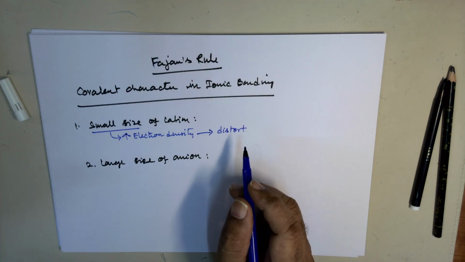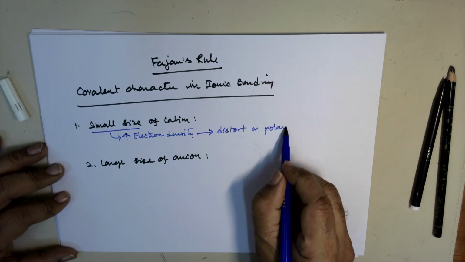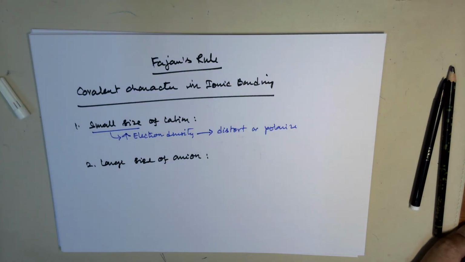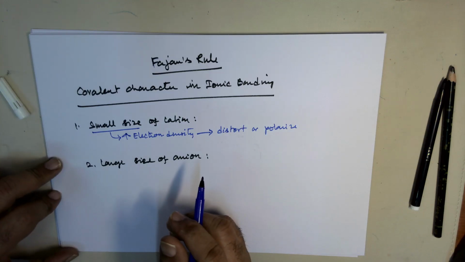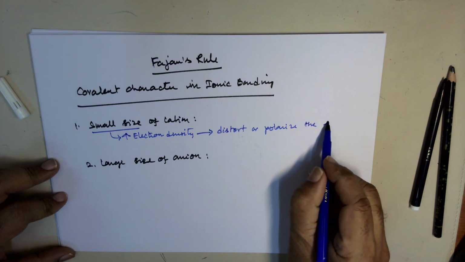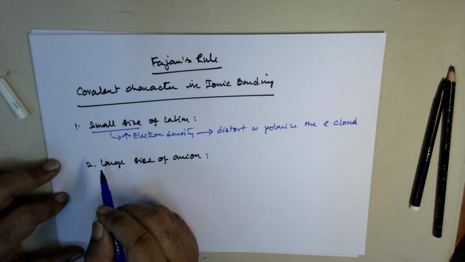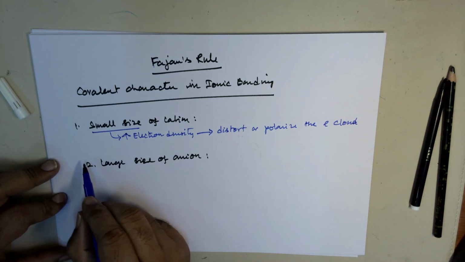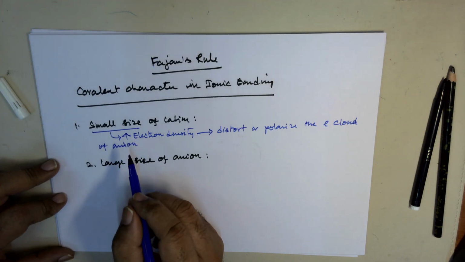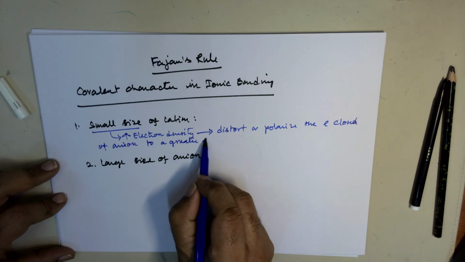Distort means disturb or polarize the electron cloud of anion to a greater extent.